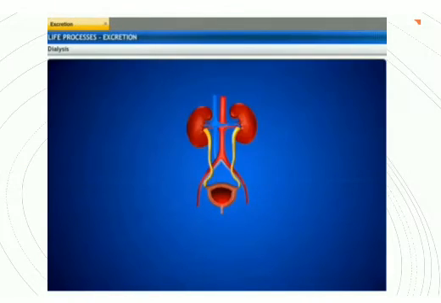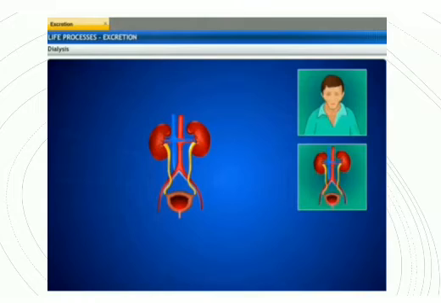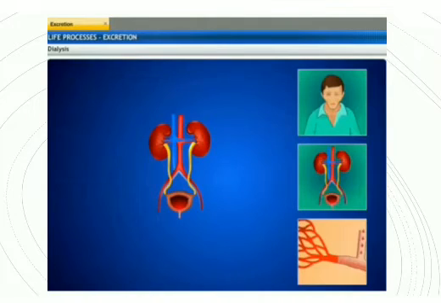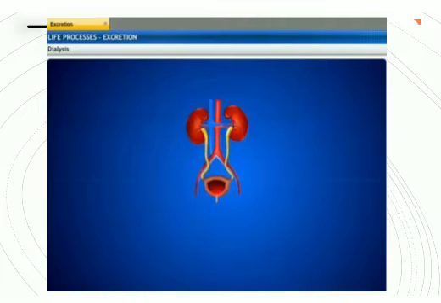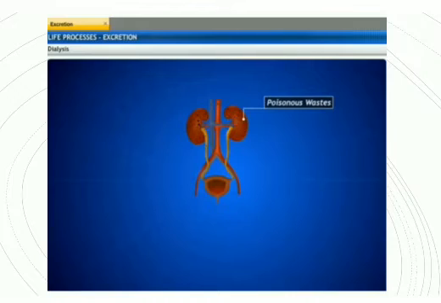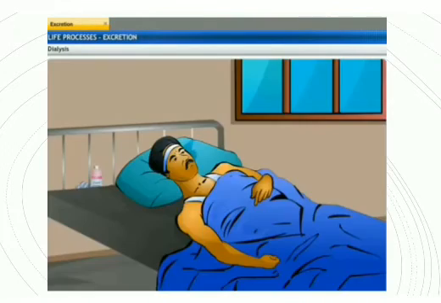When factors like infections, injury, or restricted blood flow affect the functions of the kidneys, it leads to the accumulation of poisonous wastes in the body. If not detected on time, these accumulated wastes can lead to death.